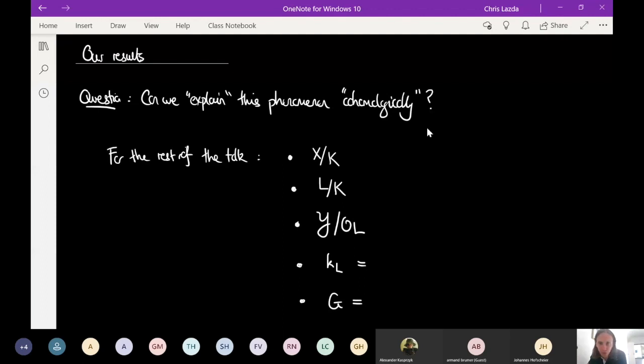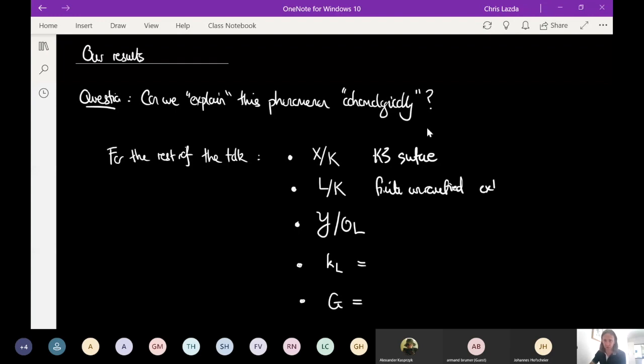So for the rest of the talk, I'm going to take a K3 surface X over my discrete valuation field K. I'm going to take some finite unramified extension L of K, over which X has good reduction.